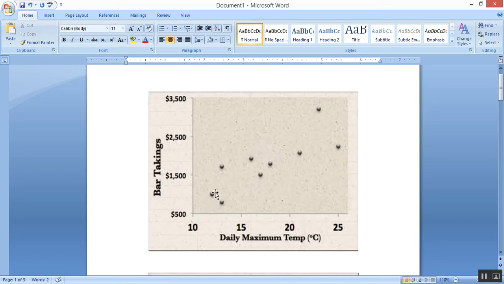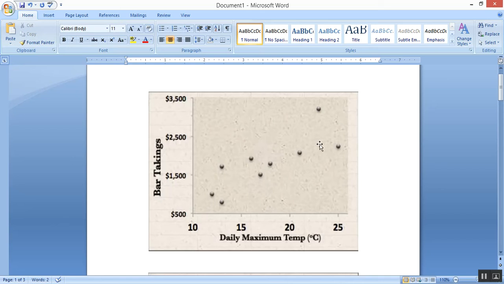Now, you're also going to find that the temperature and the earnings here were both quite low. Maybe my hypothesis is that the higher the temperature rises, the more money I'm going to earn selling ice cream at my ice cream bar. So I'll have higher takings. And I think that if you look at this chart, it seems, subjectively speaking, to be roughly supportive of that prediction. So I've got my two variables, my dependent variable and my independent variable, and it does seem consistent with the hypothesized direct positive relationship, meaning that as my earnings increase, my temperature increases.